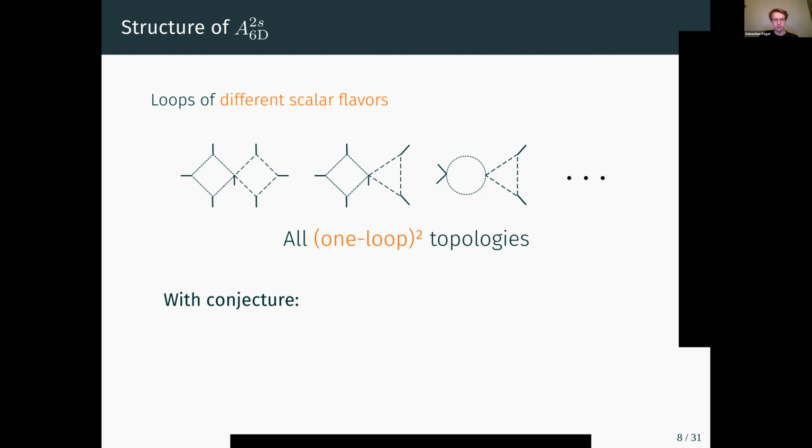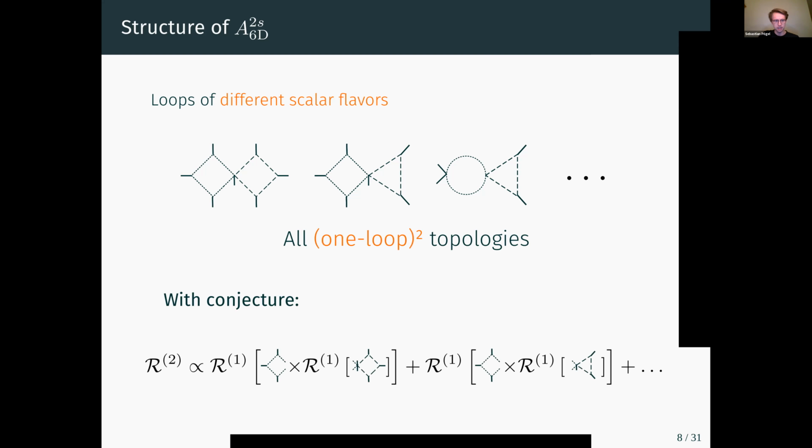And so that means that with the conjecture I mentioned in the last slide, to get the rational pieces at two loops for the all-plus, it is sufficient to always compute the rational pieces of one loop first, multiply them with the trees of the second loop, and then again perform a one-loop rational term computation. So this is this kind of nested approach again that we were looking for.